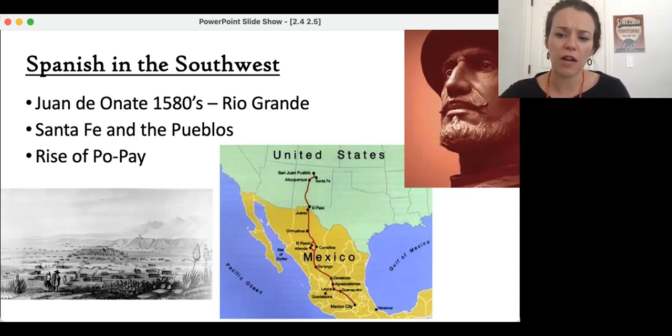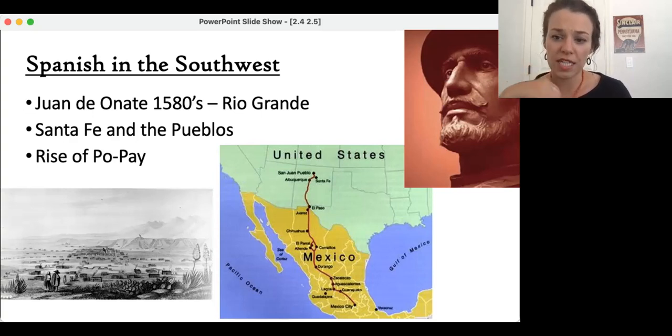He will urge everyone to return to their old religions, essentially saying, look, the reason why we are being oppressed by the Spanish is because we have turned away from our gods. Return to the old traditions, we'll be able to defeat the Spanish, and life will go back to normal.